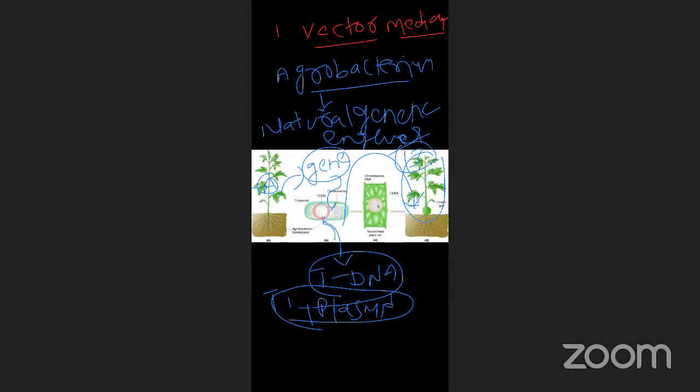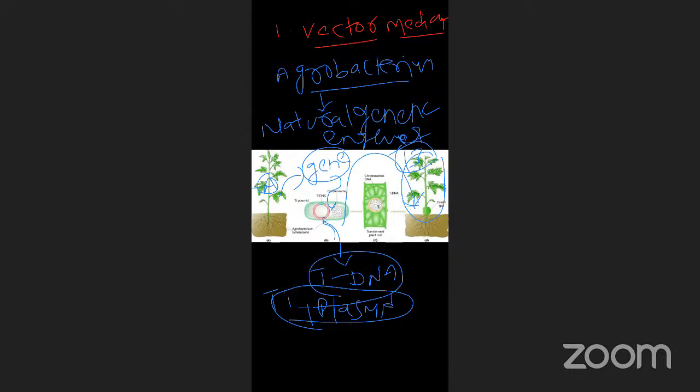So that is the nature of agrobacterium. But before that, we injected the desired gene into the bacterium. Now it enters the plant cell. Apart from the crown gall, the desired gene is also incorporated into the host plants.